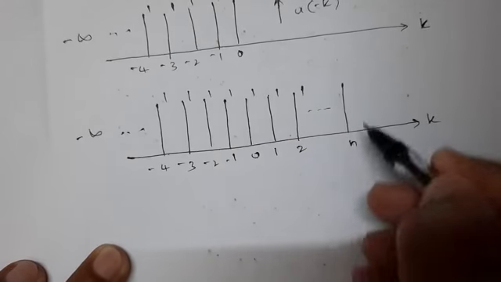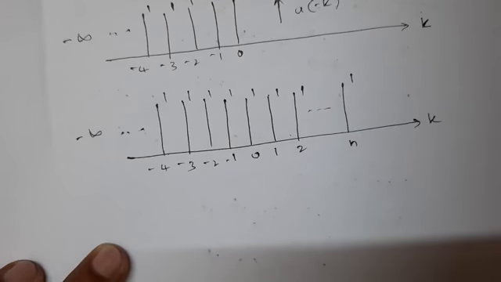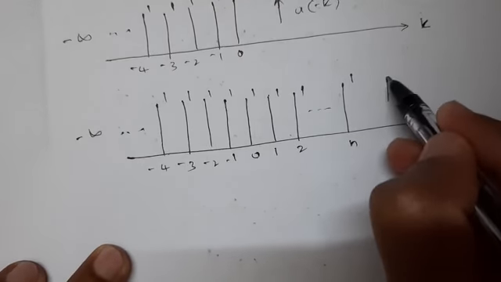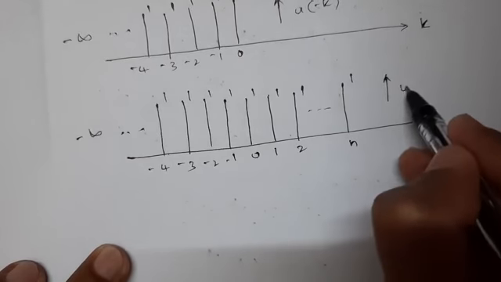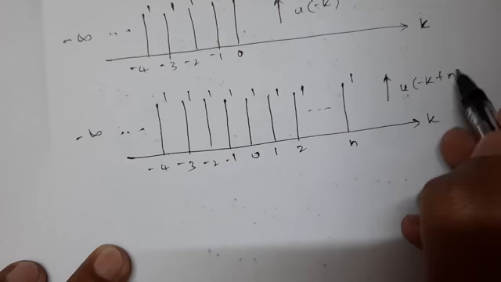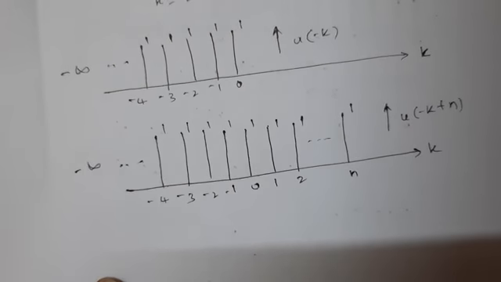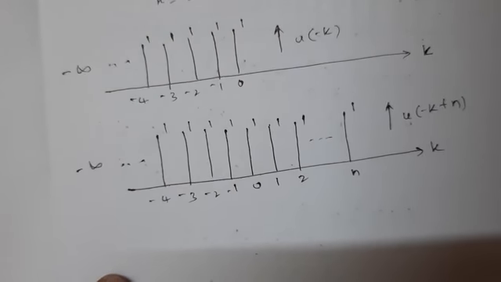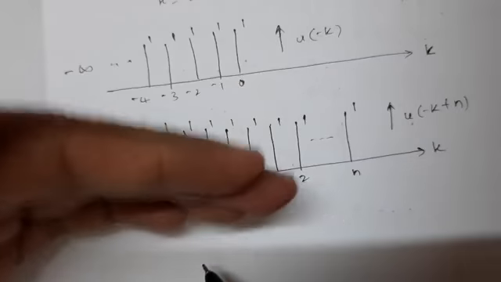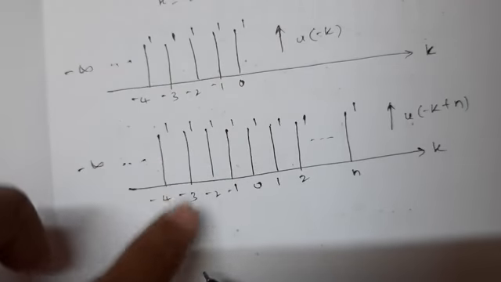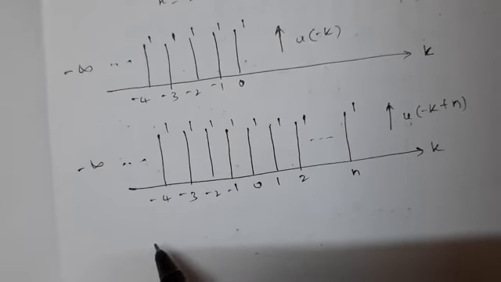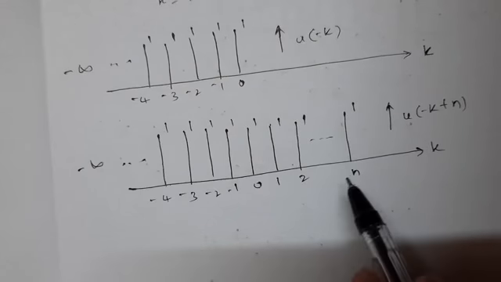So your n value somewhere lies here. Okay, I'm taking n greater than 0, u of minus k plus n. Now you want what is y of n when you multiply these two signals.